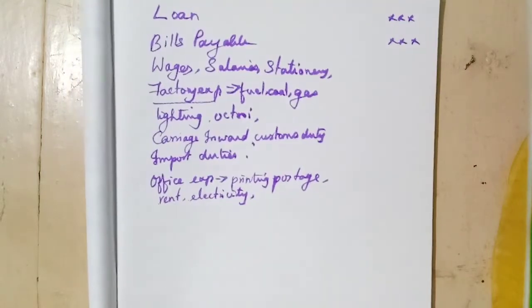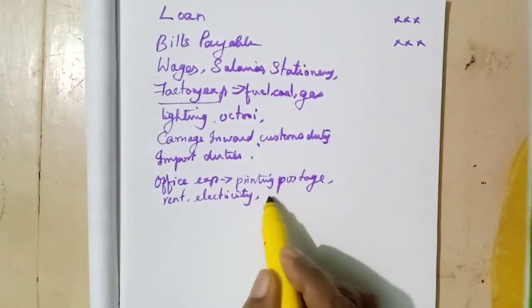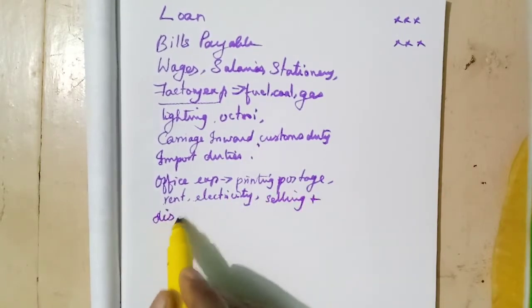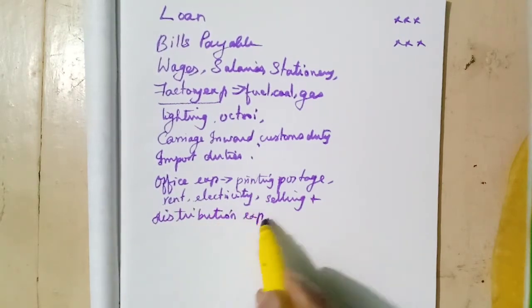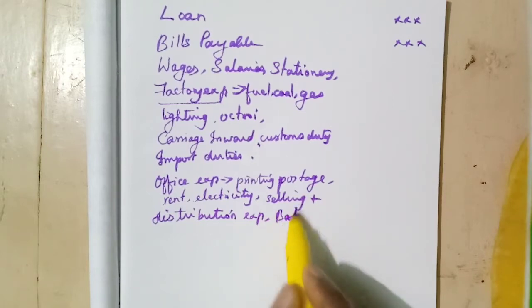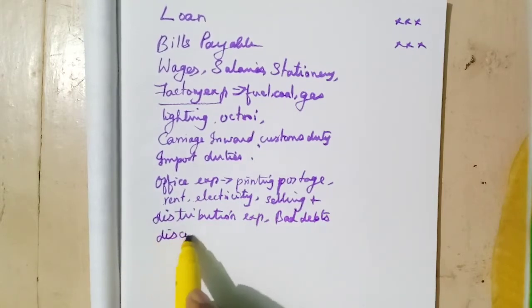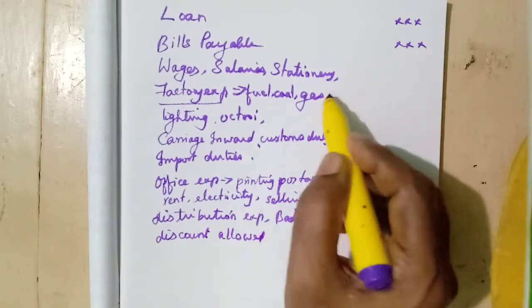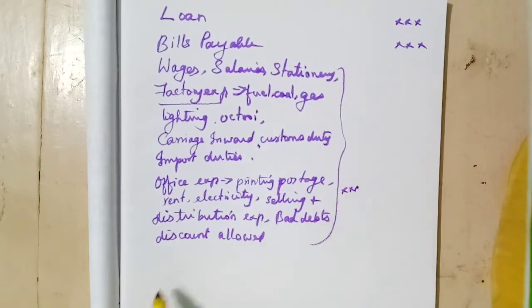All these are expenses, any distribution expenses, selling expenses, all selling and distribution expenses. Then all the losses, bad debts. Then discount allowed. All these have debit balance.